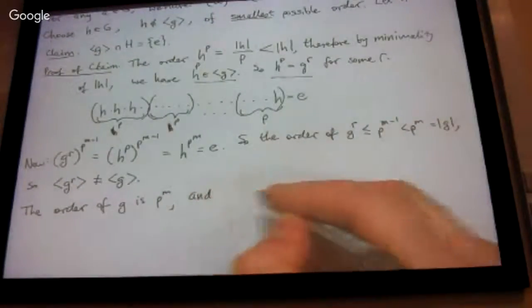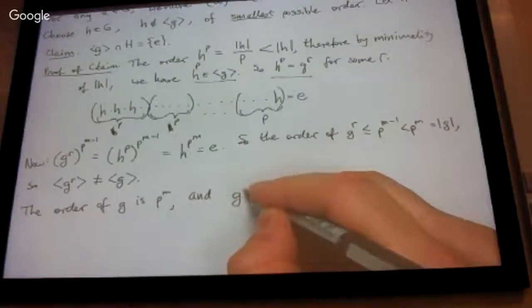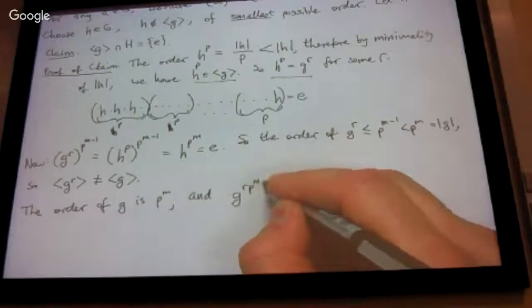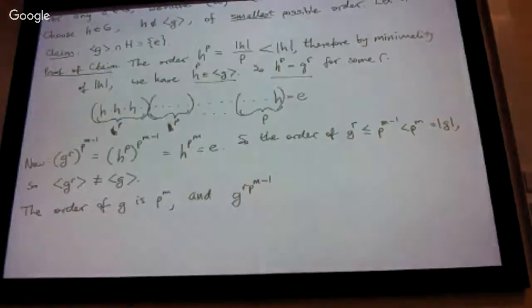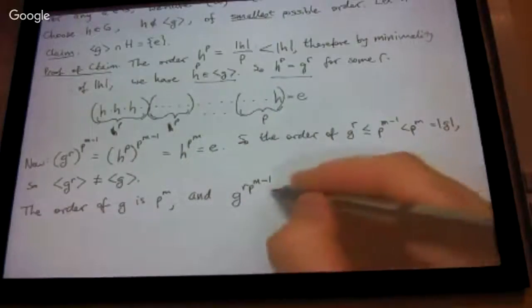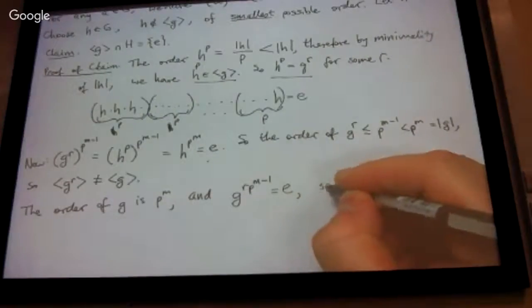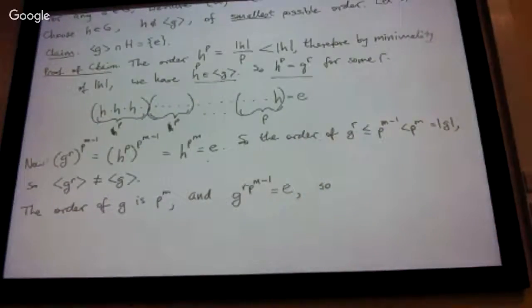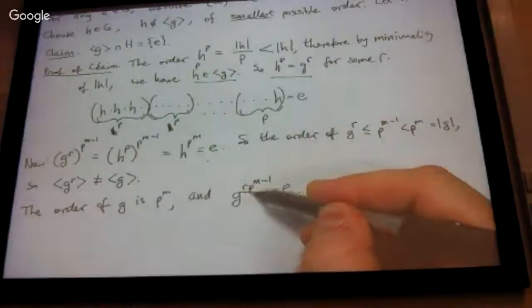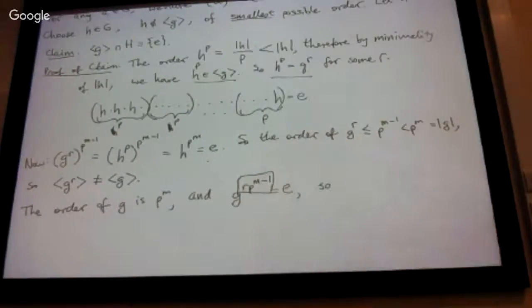Now, (g^r)^(p^(m-1)), so g^(r·p^(m-1)), is the identity, as we've just seen over here. So this number is a multiple of the order of g.